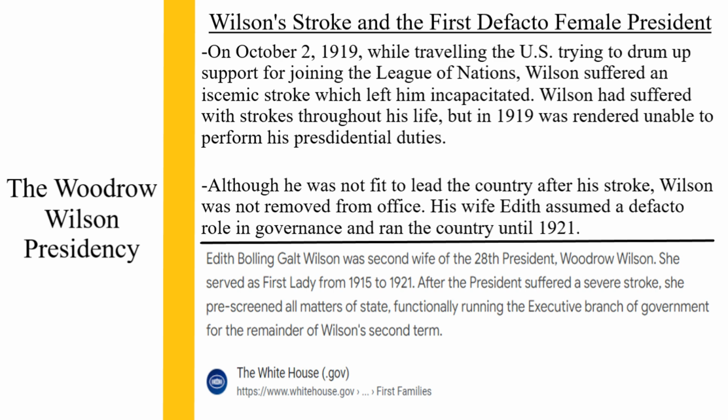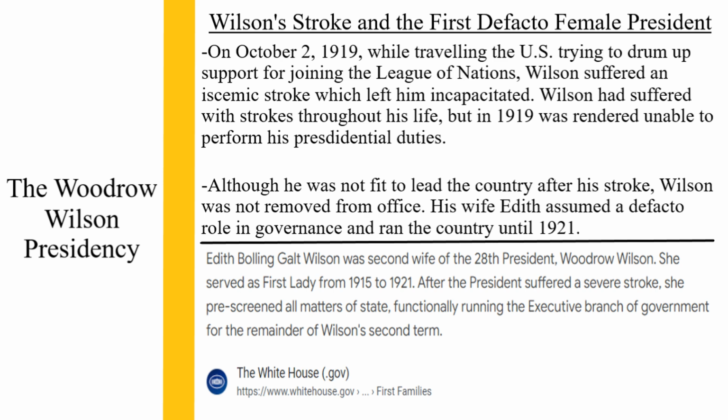So, it's commonly joked that we have had a female president and her name was Edith Wilson, but the truth of the matter is that Edith Wilson did effectively take over Wilson's role as executive after his stroke. The White House itself says this, which is why I've included a whitehouse.gov source at the bottom of the screen, which basically explains that Edith Wilson was the second wife of 28th President Woodrow Wilson.